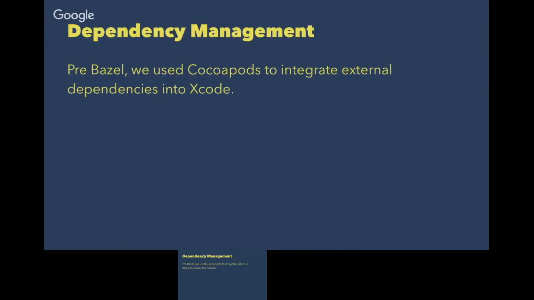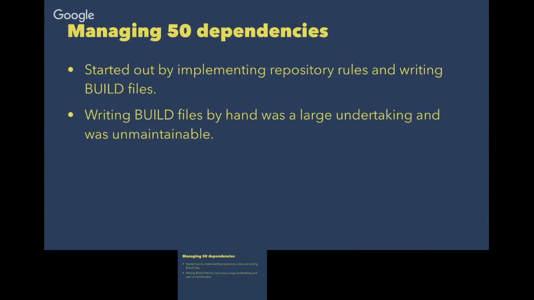So as Raul mentioned, we were previously using Cocoapods, which basically is the canonical way to manage a package in Xcode. For those of you who aren't familiar with iOS development, it basically downloads the repository from GitHub or wherever, and then integrates it into Xcode, which is the build system. So in order to get these dependencies up and running, we took a look at what Bazel's doing.